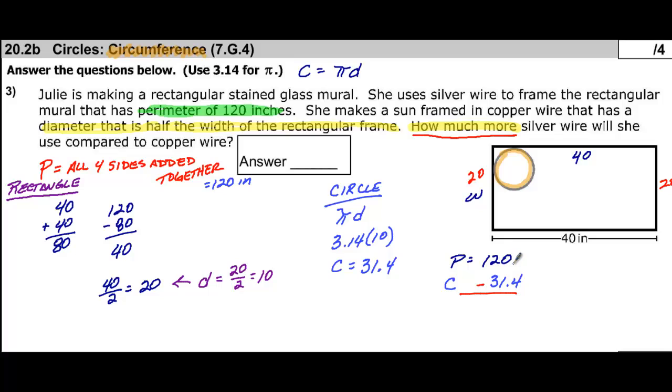All right, we want to know the difference between those. And in this case, the difference between those is 88.6 inches. There are 88.6 inches more silver. And that's our answer, 88.6 inches. All right, so that is your problem with applying circumference.